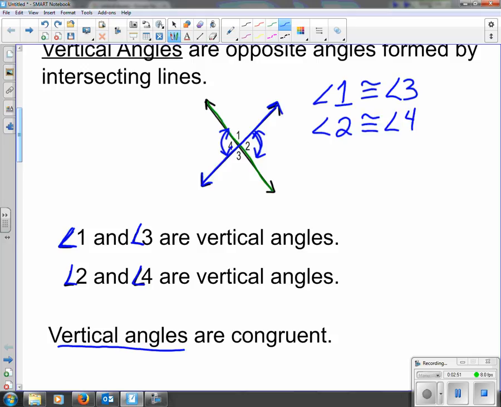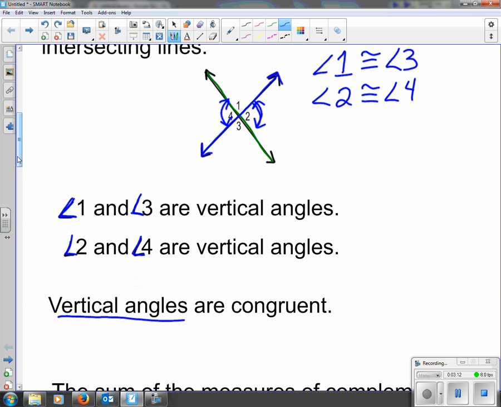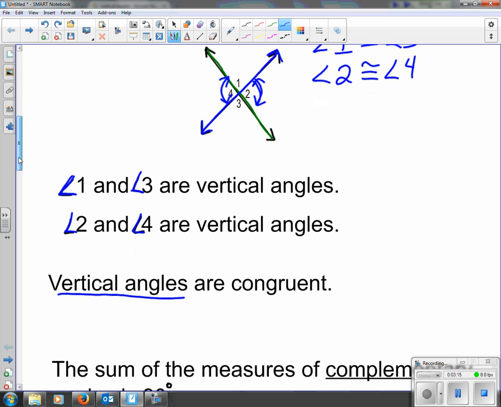Angle 1's measure would be the same as angle 3, and angle 2's measure would be the same as angle 4. Whatever they may be, they're the same. That's why you need to know vertical angles, because the relationship to each other helps you solve different problems. Make sure you're writing all this down. Pause the video if you have to.